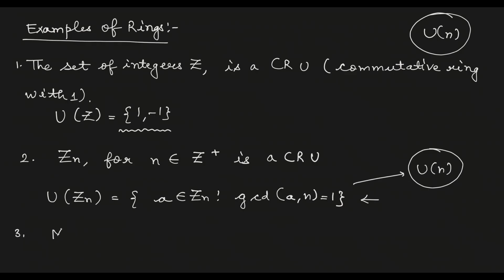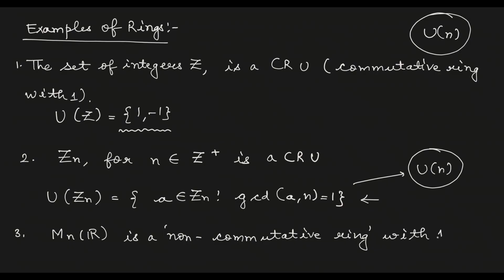Third, Mn(R). This is a non-commutative ring. We know that in case of multiplication, commutativity does not hold. With unity. Units of Mn(R).